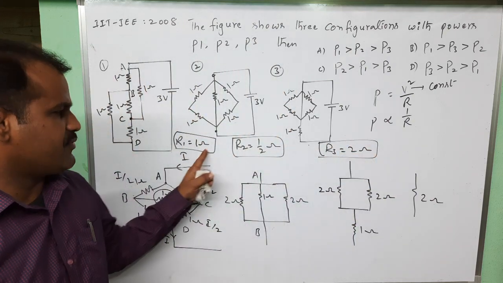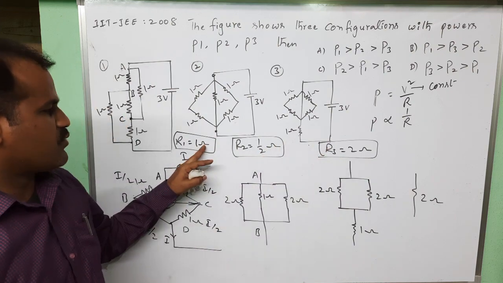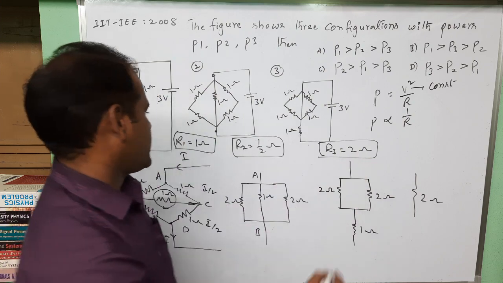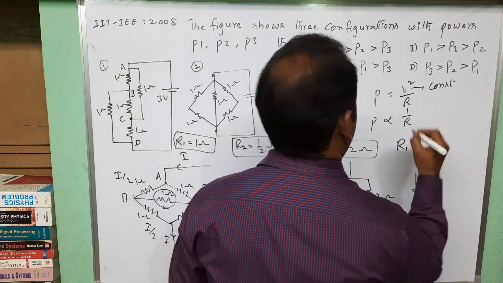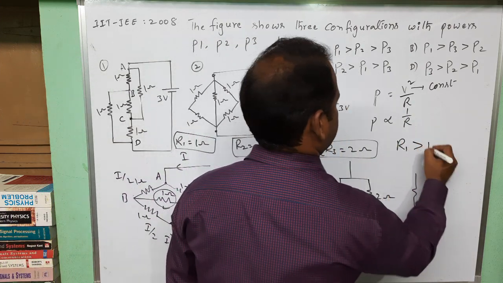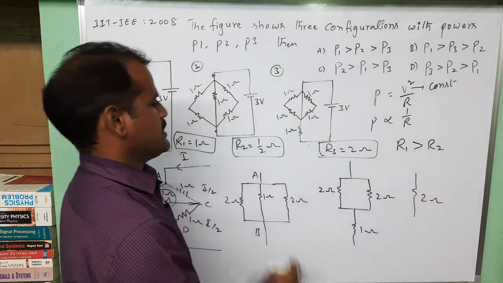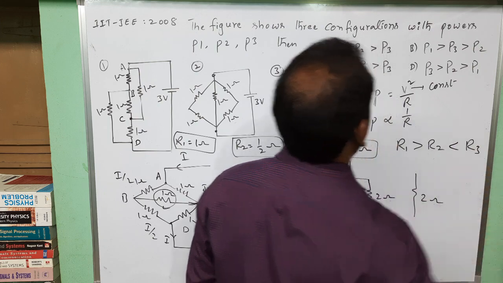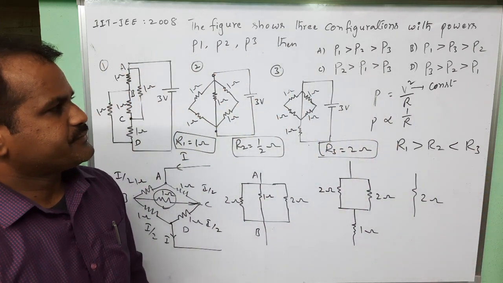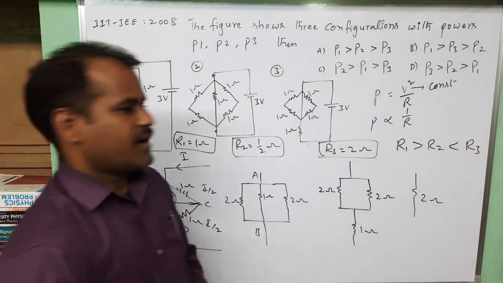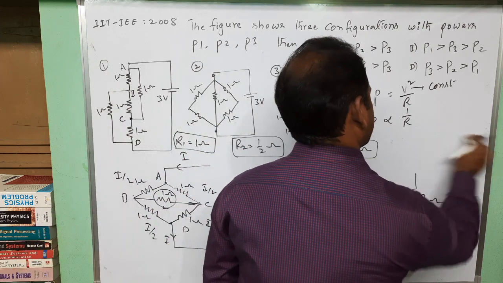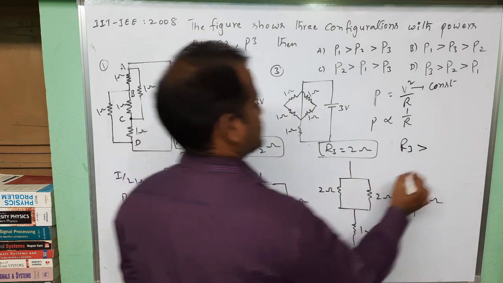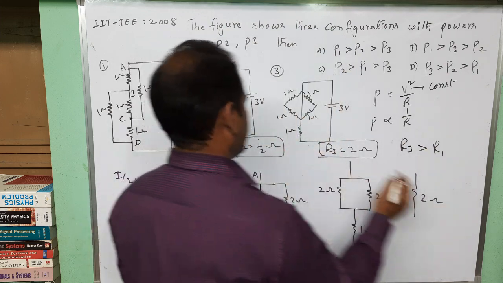We can find the order of the resistances now. R1 is 1 ohm, R2 is 1 by 2 ohm, R3 is 2 ohms. So the order is: R3 is the highest, greater than R1, which is greater than R2.